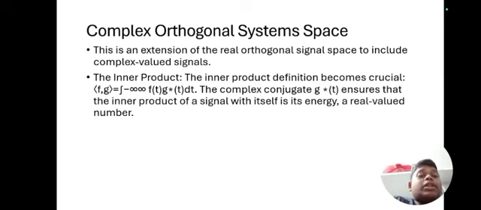This is an extension of real orthogonal signal space to include complex valued signals. And the inner product definition becomes crucial: integral minus infinity to infinity f of t g star of t dt. The complex conjugate g star of t ensures that the inner product of a signal with itself is its energy, a real valued number.